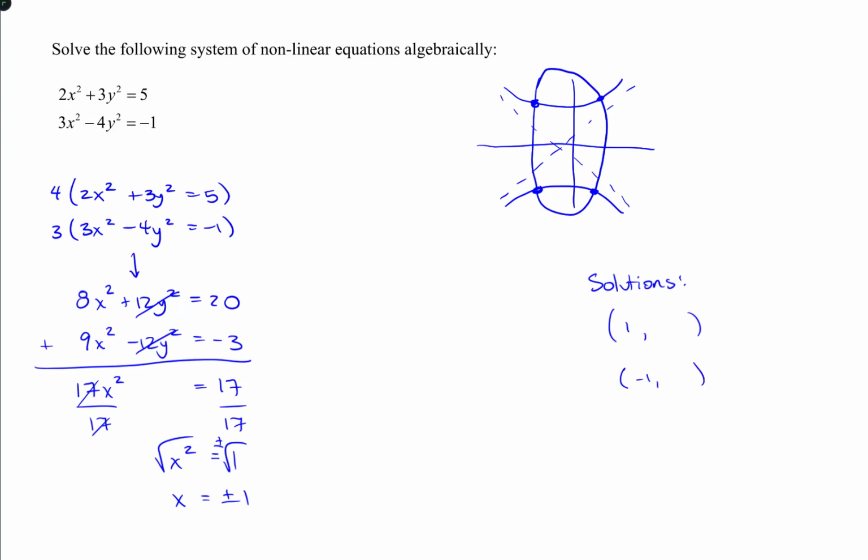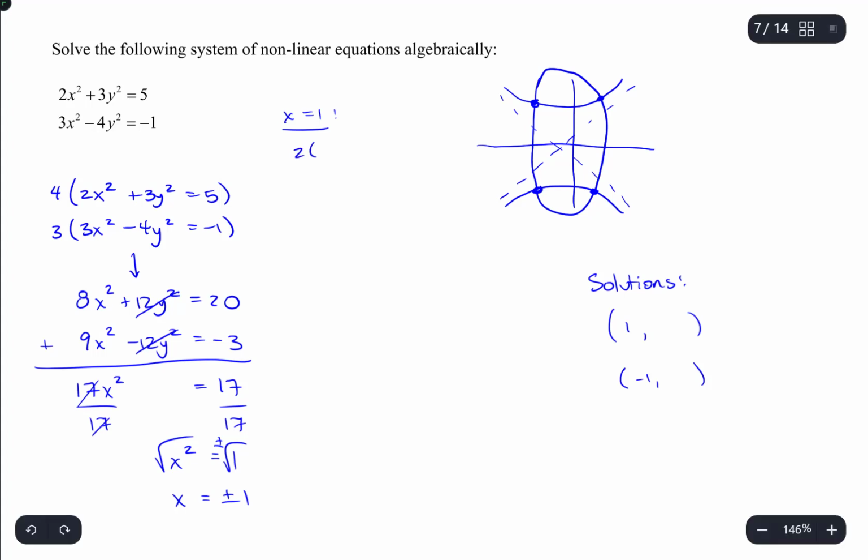In order to figure out the y that is associated, I need to go back to one of these two equations, and it doesn't matter which one, and I need to plug in the x coordinate and see what I get. So let's see, when x is 1, if I plug into the top equation, because I don't think either one is easier than the other, I would have 2 times 1 squared plus 3y squared equals 5.